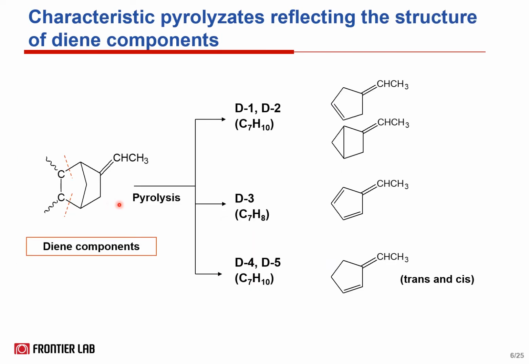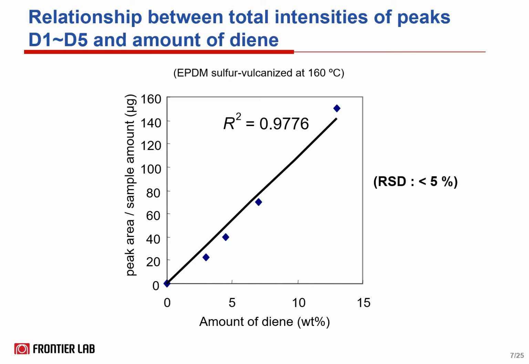Based on their mass spectrum, the 5 peaks D1 to D5 were identified as C7H8 or C7H10, which reflects the characteristic structure of ethylidene norbornene unit. Since relative intensities of the 5 peaks D1 to D5 showed a good correlation with the ethylidene norbornene content, the calibration curve was created.